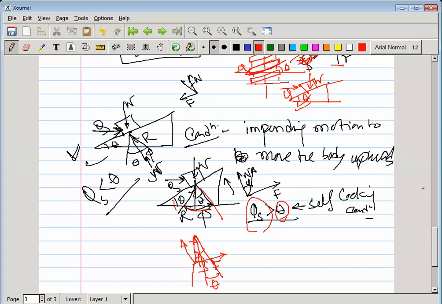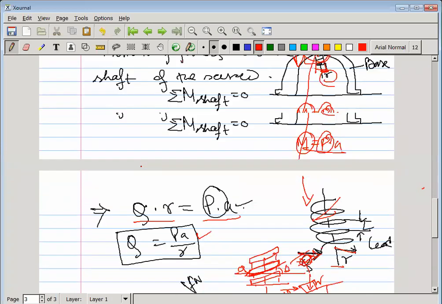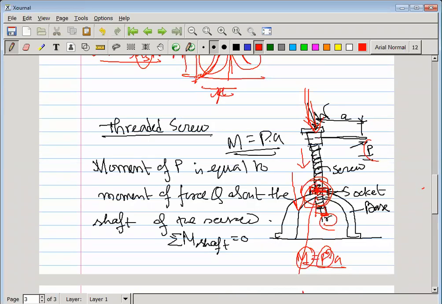In that case, we have to hold the arm rigidly. If it is not a self-locking condition, we have to firmly hold this to maintain its position.